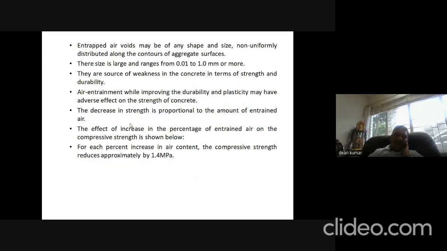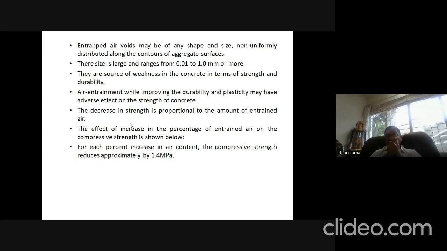Entrapped air voids may be of any shape and size, non-uniformly distributed along the contours of aggregate surfaces. Their size is large and ranges from 0.01 to 1 millimeter or more.